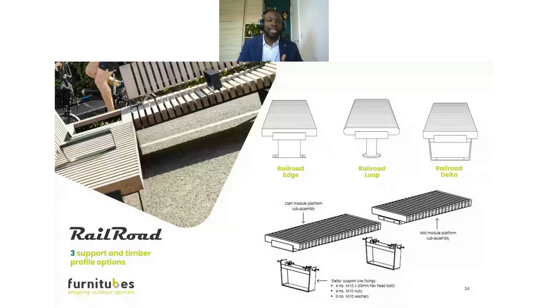Depending on what's required on site, sometimes the loop is used when a project needs varying heights. So these can be supplied with different lengths for the supports, which allows varying heights for the seating.